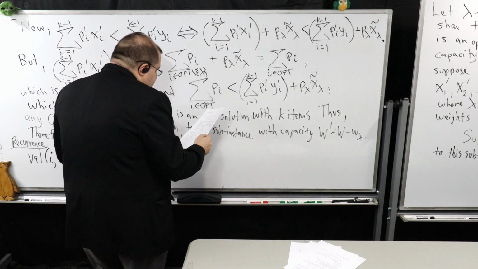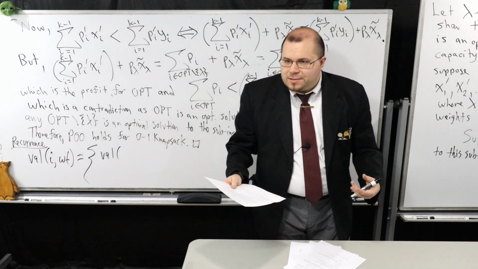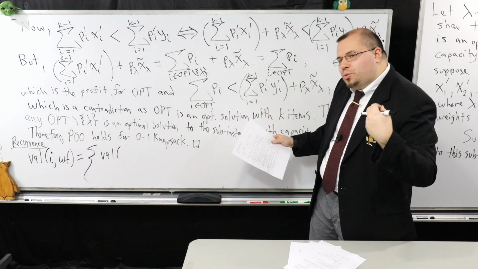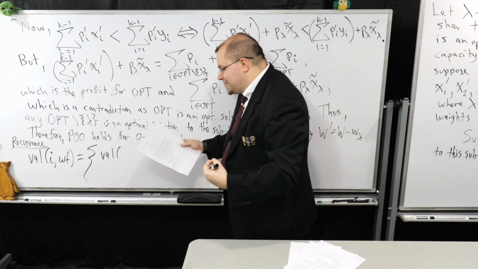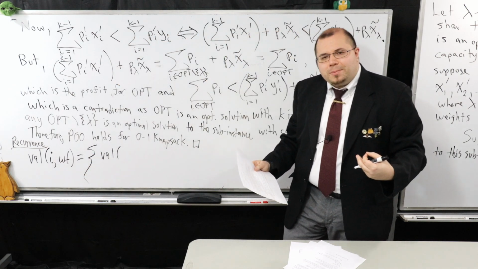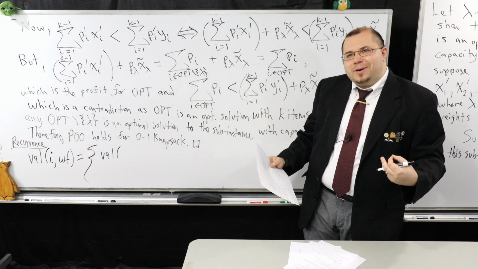So the first case is when I can't fit an item into the knapsack, meaning that its weight is too much. Now, if the weight of it is too much, what I do is I consider what the optimal profit was before I considered item I, okay?